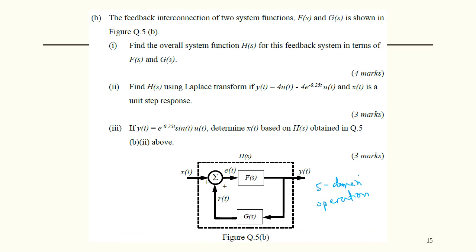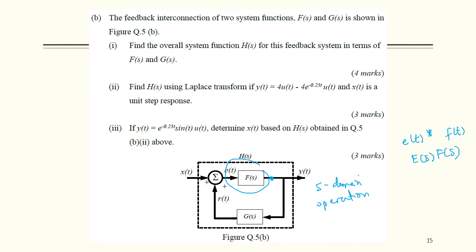For example, in T domain it will be E(t) convolved with F(t), but in S domain, it will be E(s) multiplied with F(s). All about signal operation.